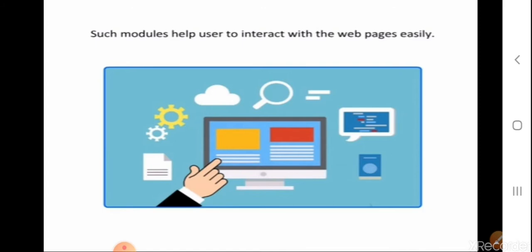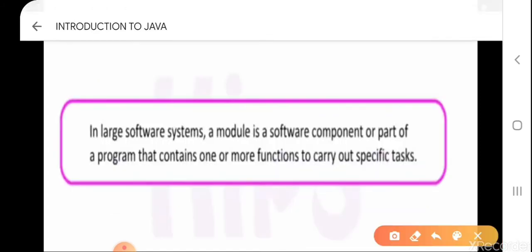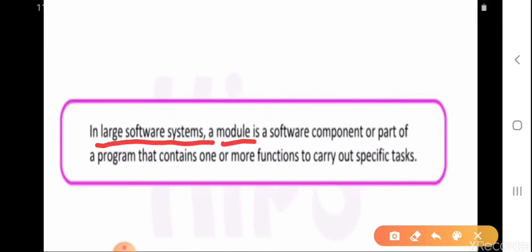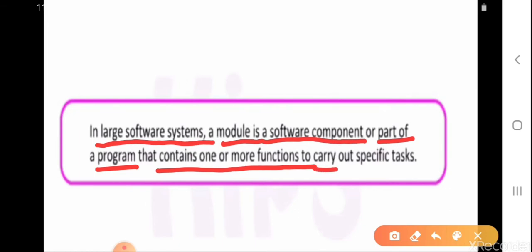Now, what is a module? Let's see. In large software systems, a module is a component of a software, or a part of a program that contains one or more functions to carry out specific tasks. In easier language, we can say that a module is a part of a program or a software.